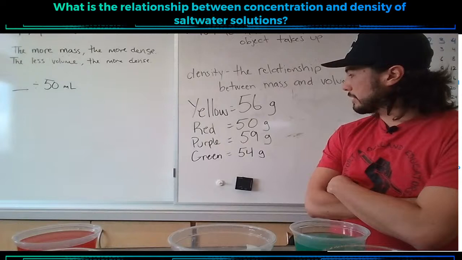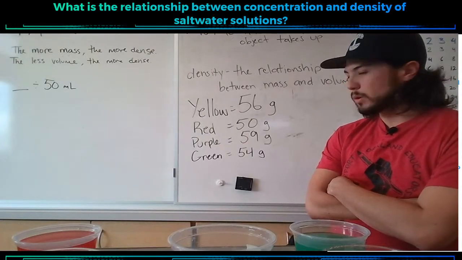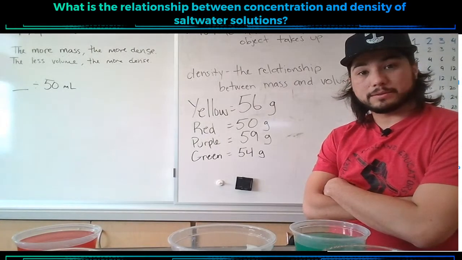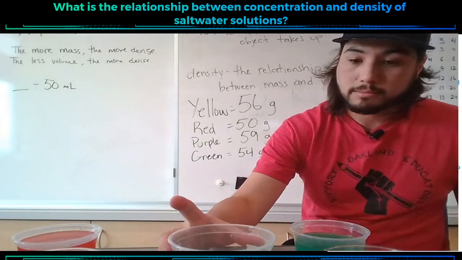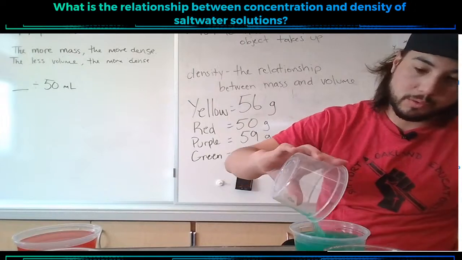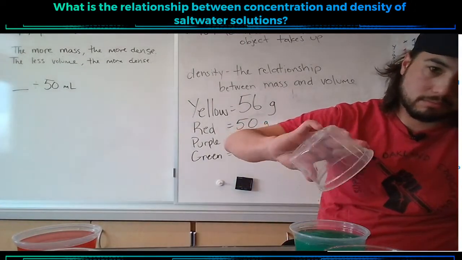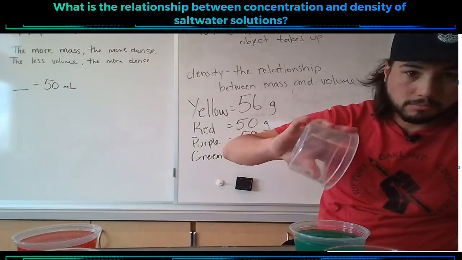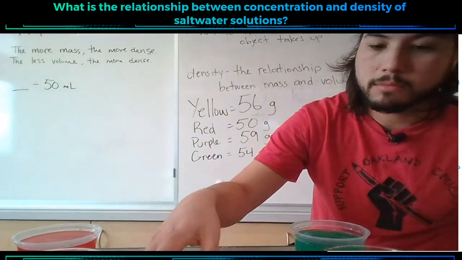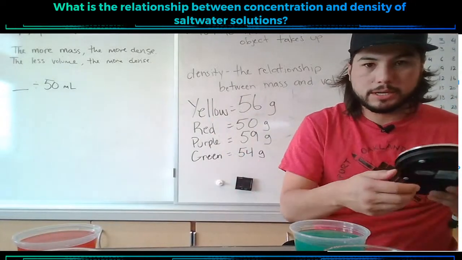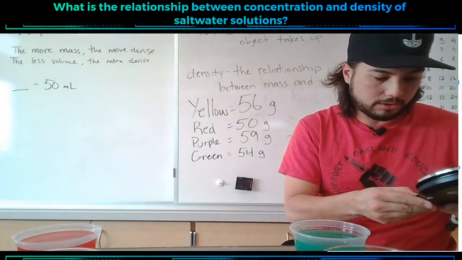So look at our 4, yellow, red, purple, or green. Which one is the most dense? Which one is the next most dense? Which one is the third most dense? Which one is the least dense? Seeing there, the most dense, Ava believes that the most dense is purple.